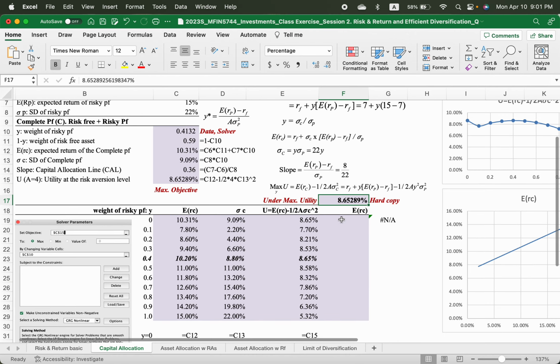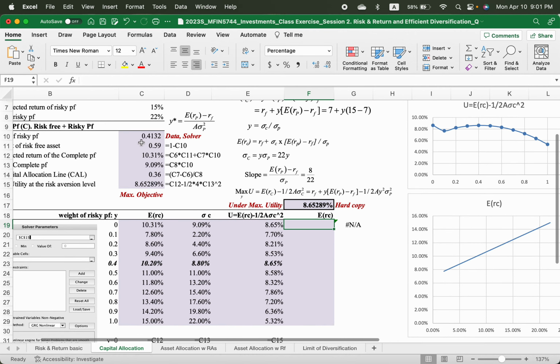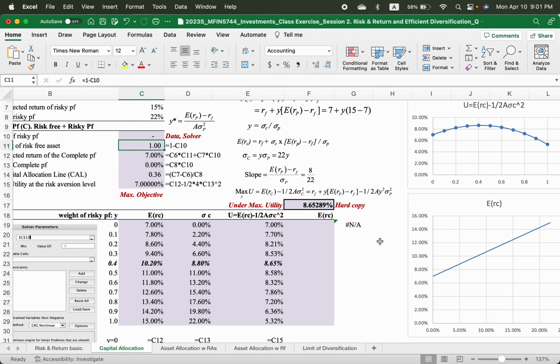Okay, then let's make this. Let's return this 0. So let's calculate the expected rate of return from this equation. Let's leave this expected rate of return of the complete portfolio alone, and then take this 1/2 times risk aversion score 4 times the variance of this complete portfolio to the other side. So we have this equation, right?